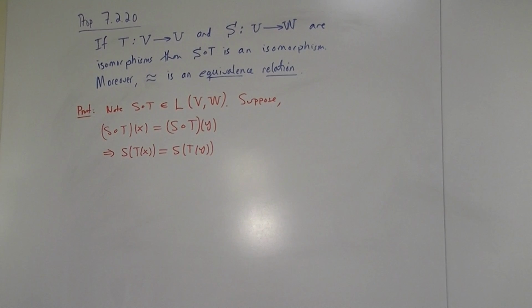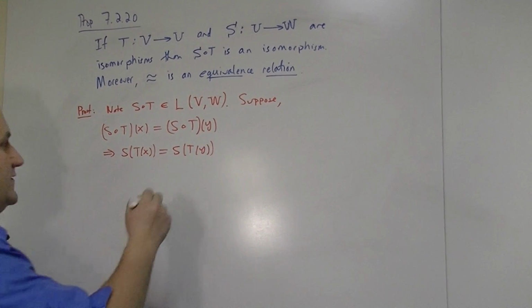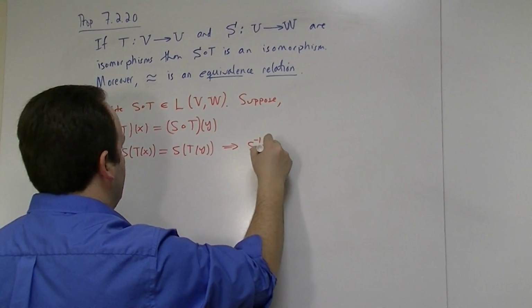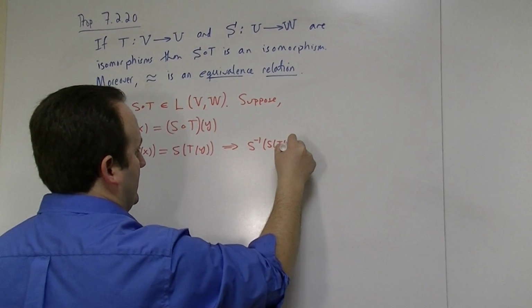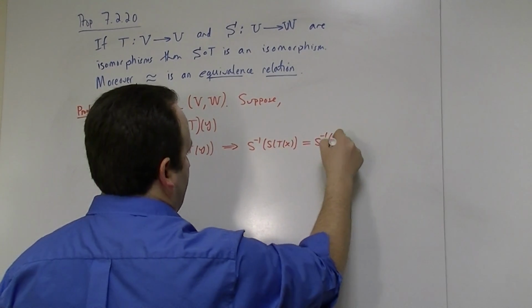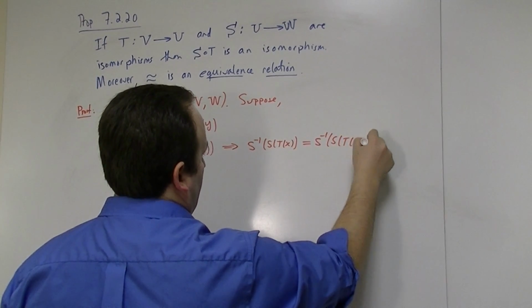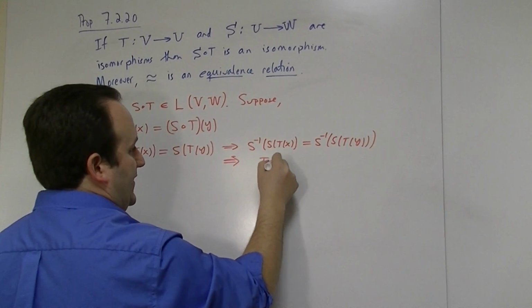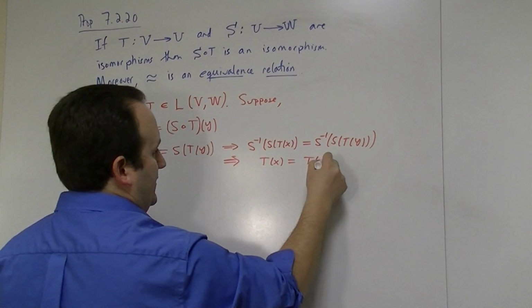Hey, but these are isomorphisms, right? So they're inverses. Inverse functions exist. So we can just operate by S inverse on both sides. S inverse of S of T of X is equal to S inverse of S of T of Y, which tells me that T of X is equal to T of Y.